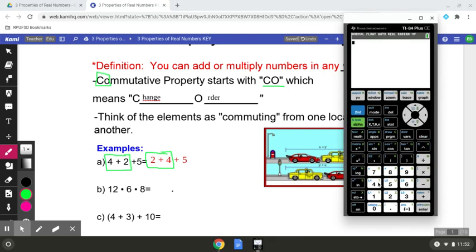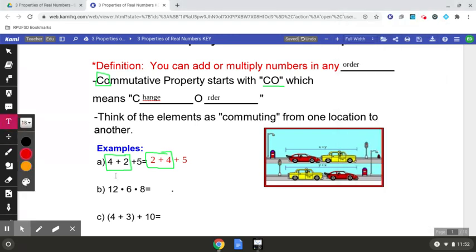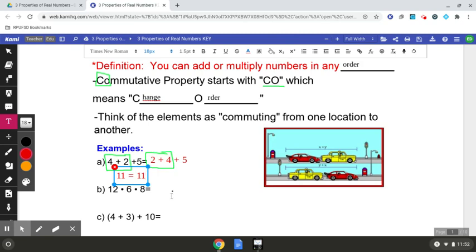If I do 4 plus 2 plus 5, I get 11. And if I do the other side, 2 plus 4 plus 5, I still get 11. So in this case, I get 11 equal to 11. So this statement is always going to be true regardless of the order of the numbers.